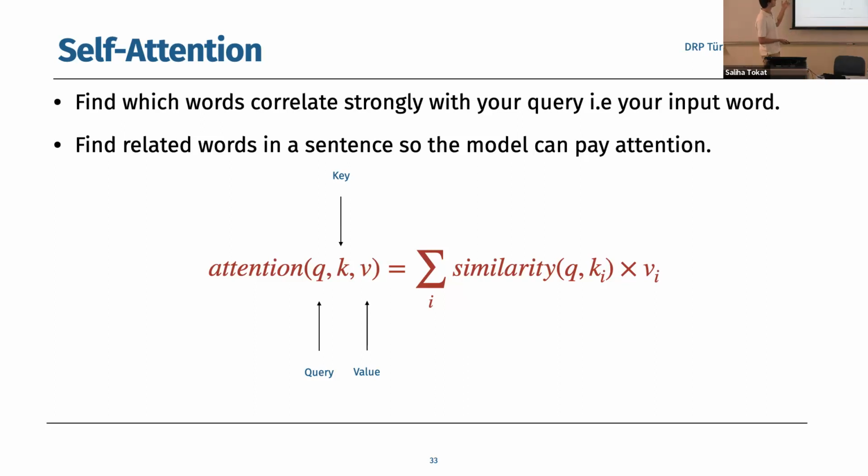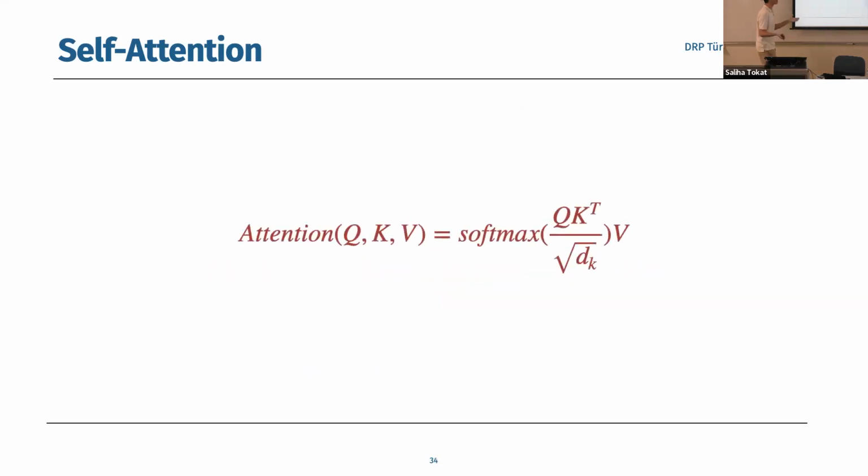With the Amazon example, we had query, key, and values. In the attention model, we find the similarity between query and key vectors and then multiply with the values. Actually, in the original paper, we have two extra properties. One of them is softmax and the other one is the scalar factor, dk. I will be talking about those.